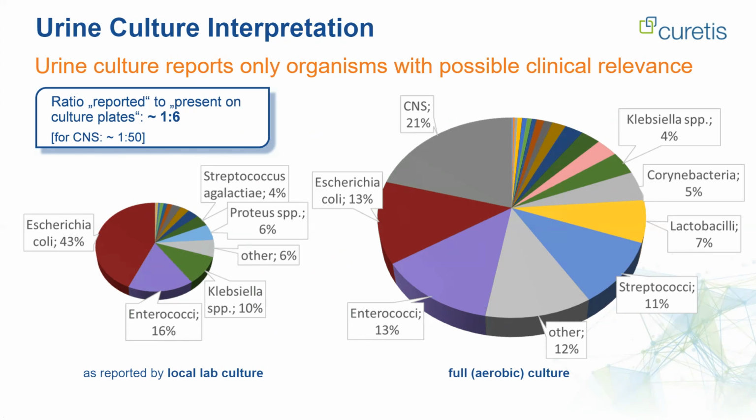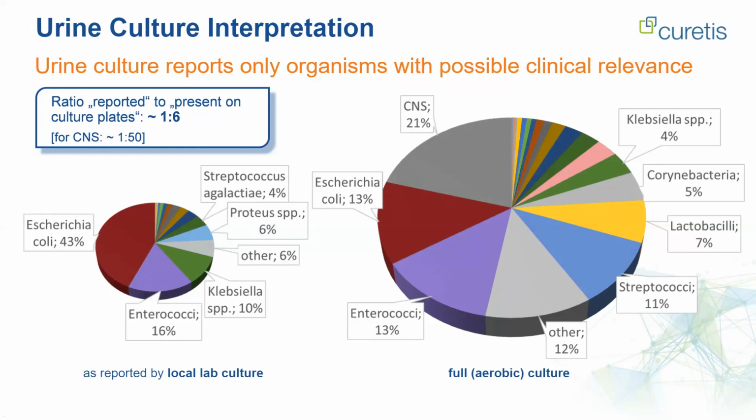We also did studies to compare standard of care lab culture results with full aerobic culture, meaning that all observed organisms are reported here regardless of any relevance. And the number of the observed organisms between these 2 approaches differed by a factor of 6. And we did not even try to hunt down the anaerobic bacteria or the fastidious organisms.